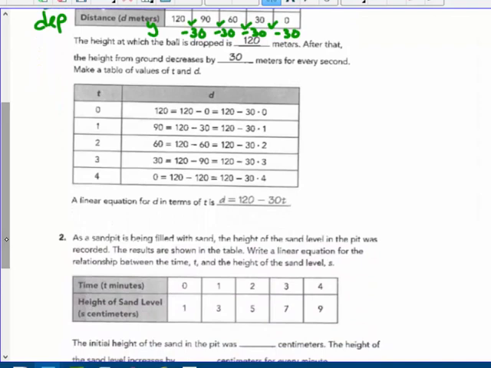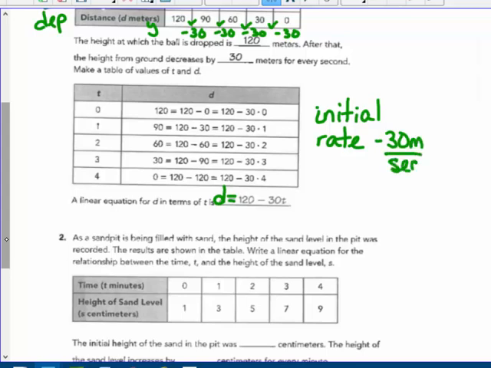So putting the equation, trying to figure out the equation, the distance, d, is equal to the initial starting point, which was 120, and the rate at which it's falling. So we're going to talk about where did it start and what is the rate. It's going down at a constant rate, by 30 meters per second.